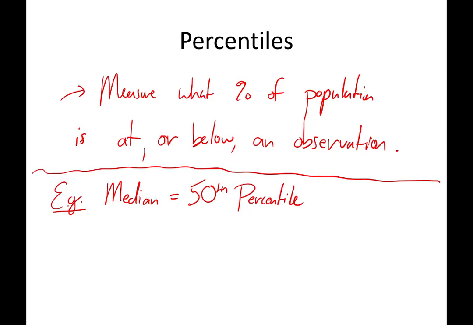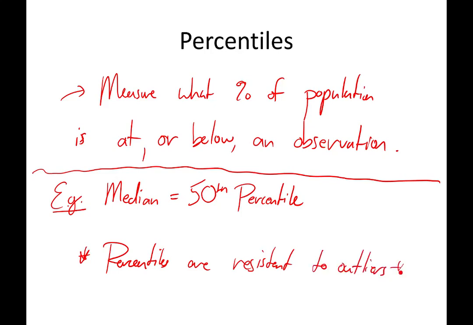And remember, what was the nice thing about the median compared to the mean? Because it's resistant to outliers, right? And so, like the median, percentiles are resistant to outliers, okay?